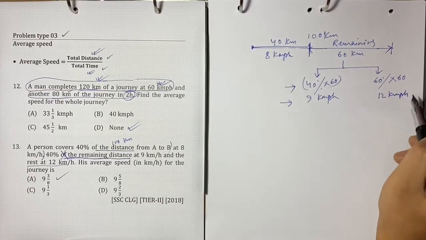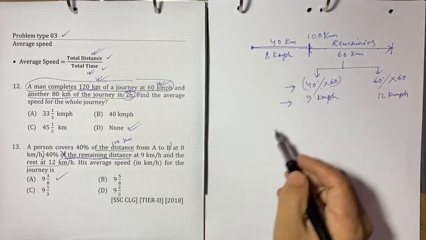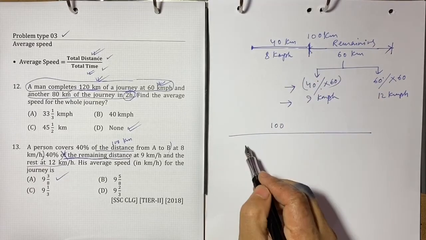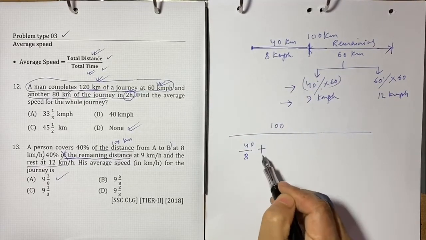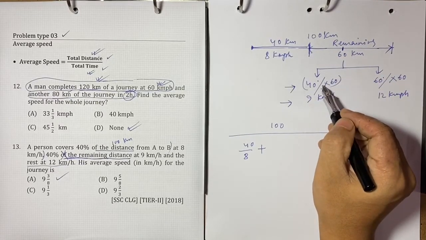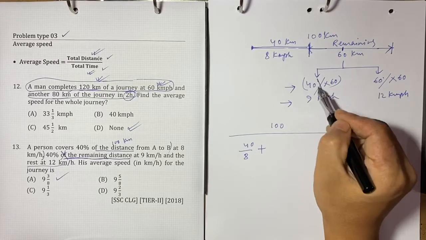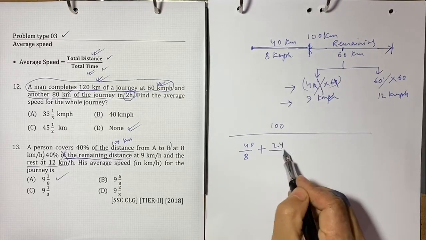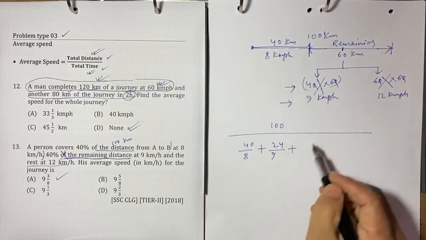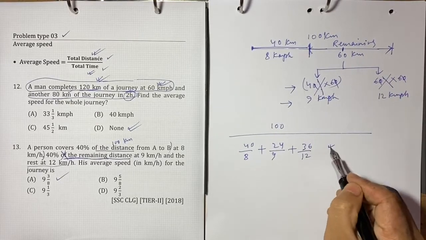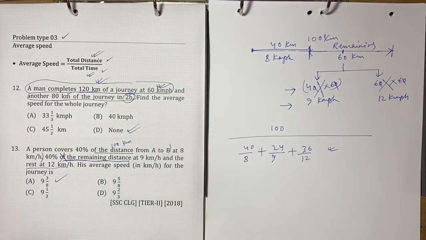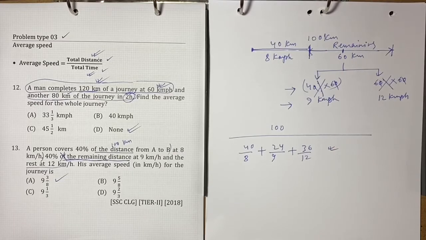So total time is 40 divided by 8 plus 24 divided by 9 plus 36 divided by 12. That is the equation. You can also draw the diagram if you like.